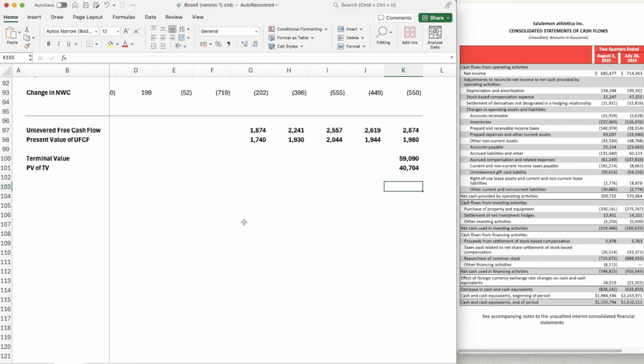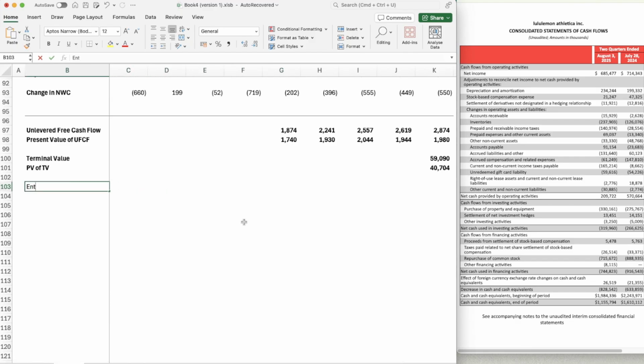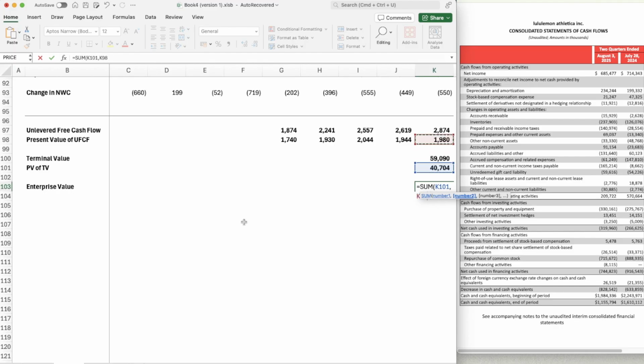There we go. Now for the enterprise value, that is going to equal the sum of all of the present value of the cash flows forecasted, and including the terminal value. The present value of the terminal value plus the present value of these free cash flows.